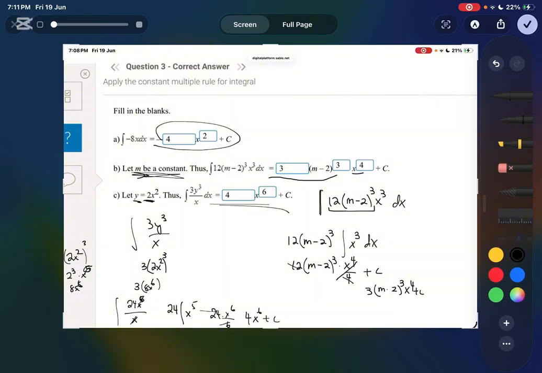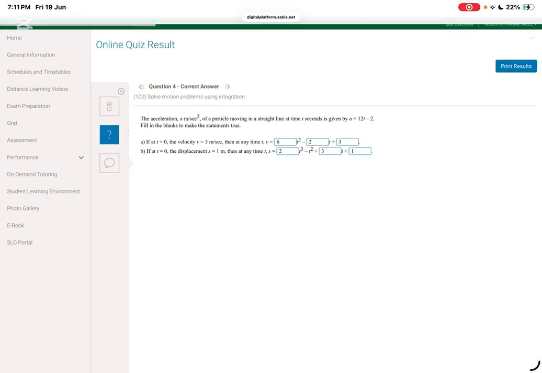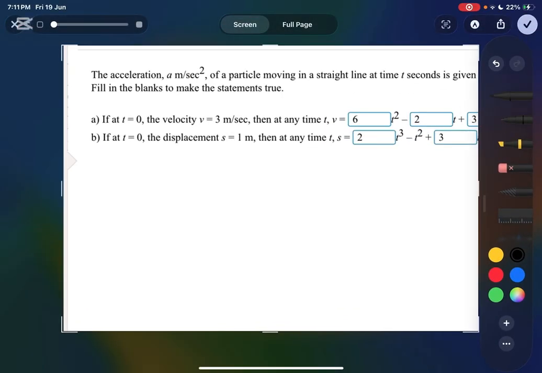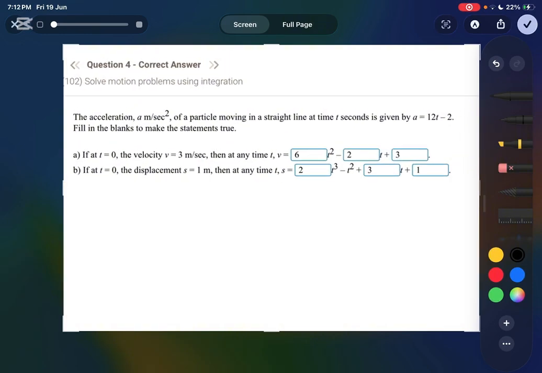Okay, question number 4. So first of all, the acceleration of a particle moving in a straight line at time t is given by this. If t equals 0, the velocity is 3. To find the velocity, okay, they gave us the acceleration. Basically the displacement is x and velocity is v.